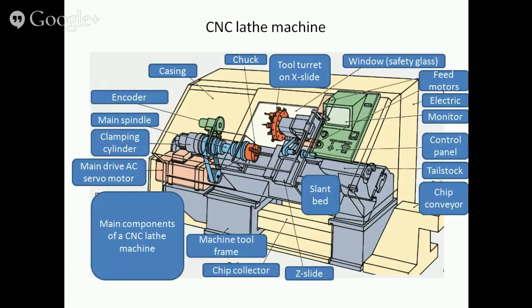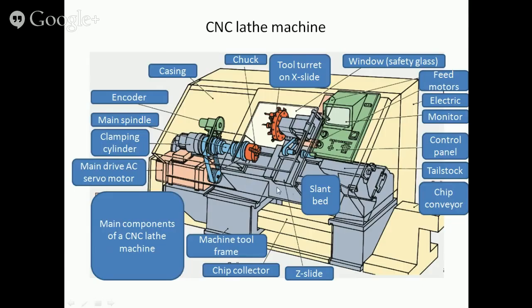Let us now look at the design and the main components of a CNC lathe machine. We start at 6 o'clock below, at the base of the machine. It is called machine tool frame. That's the component on which all other components rest.